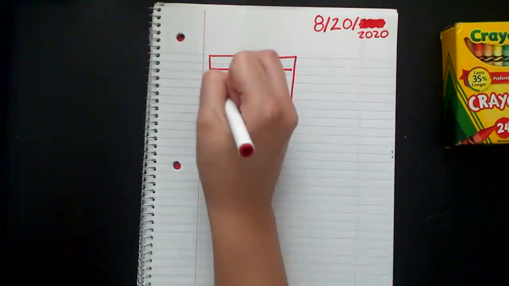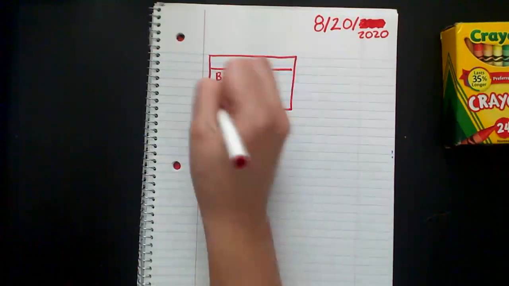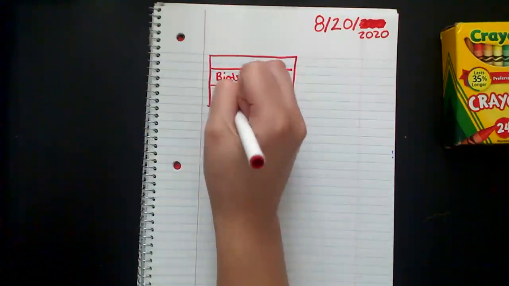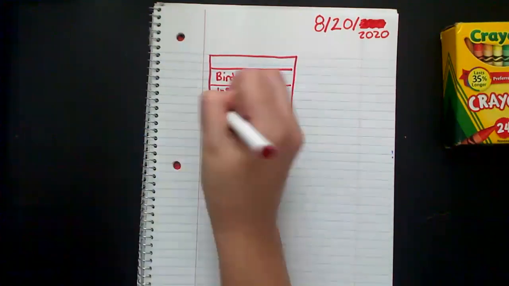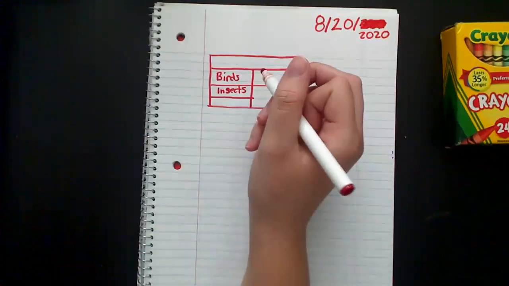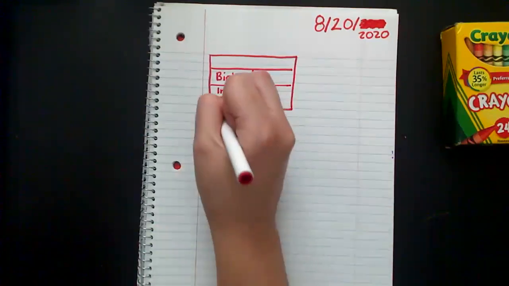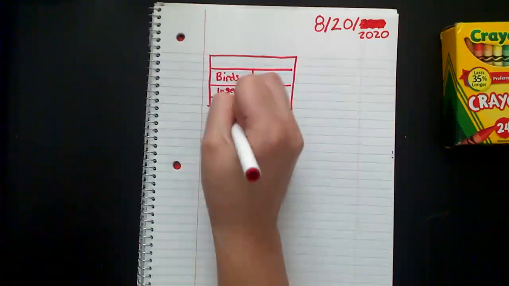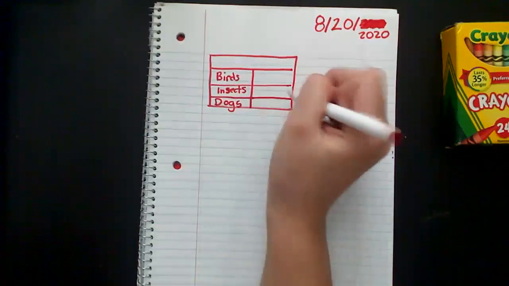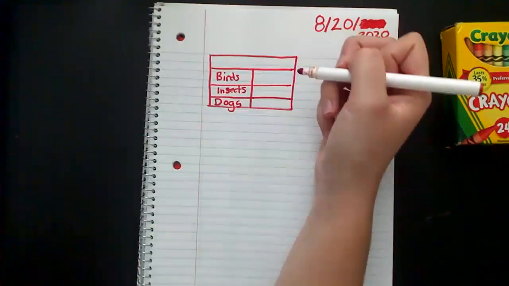So they had birds, insects, and I believe dogs.